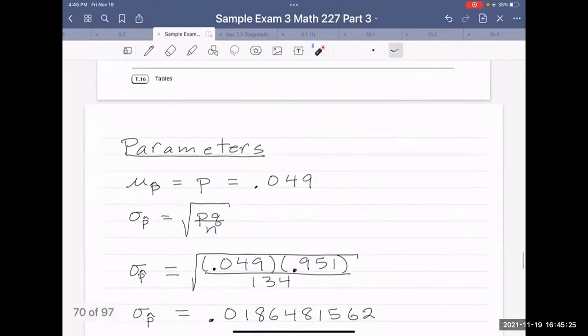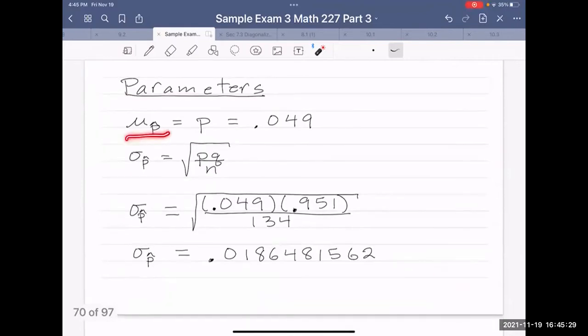Okay, so let me determine my parameters. So the mean for the sampling distribution of all possible sample proportions is the population proportion, which by the null hypothesis would be 0.049. The standard deviation for the sampling distribution of all possible sample proportions is the square root of PQ over n. Well, the square root of 0.049 times 0.951 divided by 134.